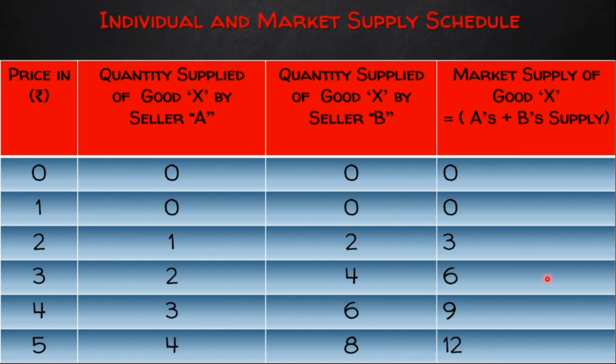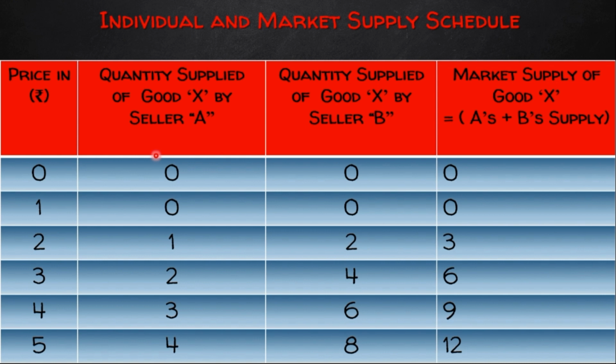Well, what is the market supply schedule? Market supply schedule is the summation of the individual supply schedules of the sellers. In this table, we have mentioned individual supply schedules as well as the market supply schedule.